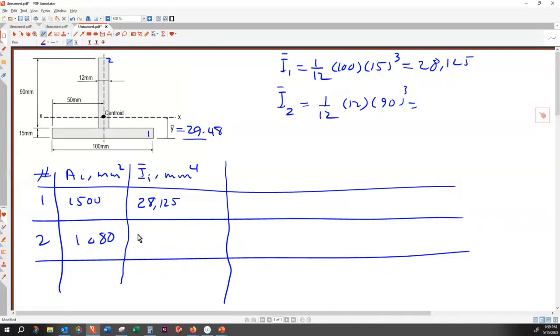And the unit for these are millimeter to the power of 4.